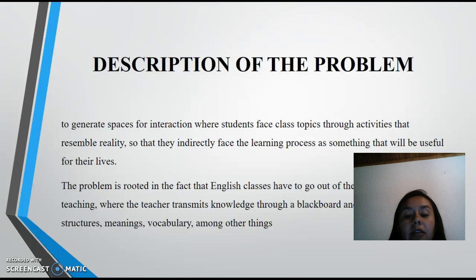At the end of certain periods, it is evaluated if the students learned something or not.